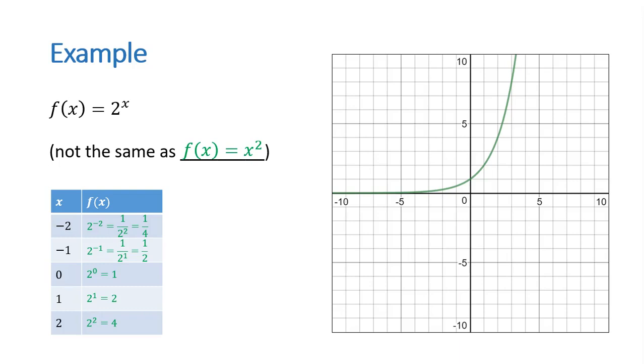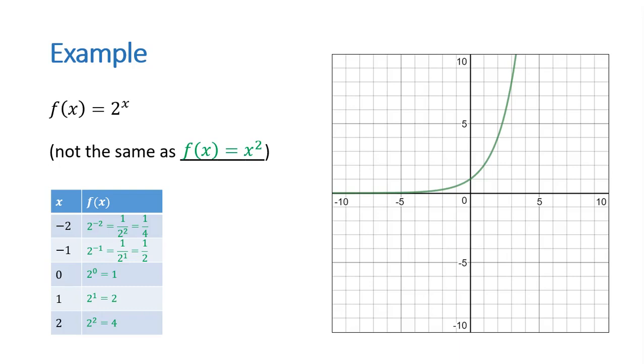So what's happening is our outputs are getting smaller and smaller over time. They're getting closer and closer and closer to 0. But we will never get to a particular value of x as an exponent that would give us an output of 0.